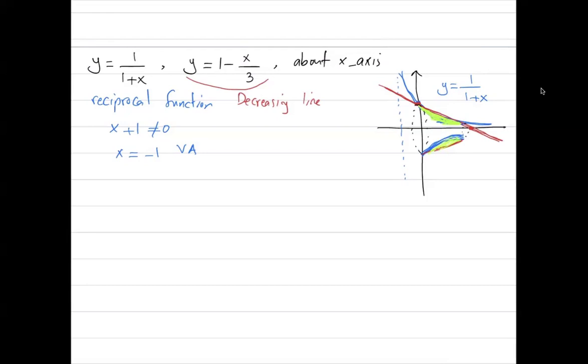So assume you try to use the washer method. Let me erase these, we don't need these. Okay. How do we set up the washer method here?